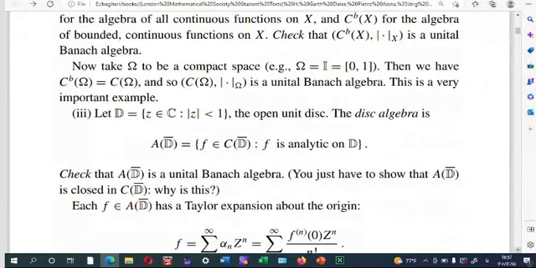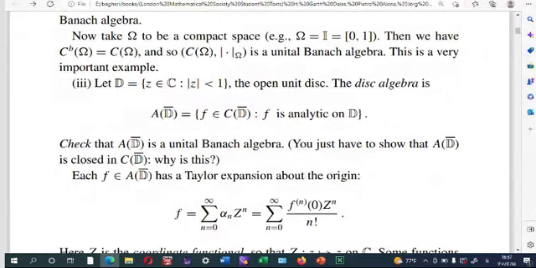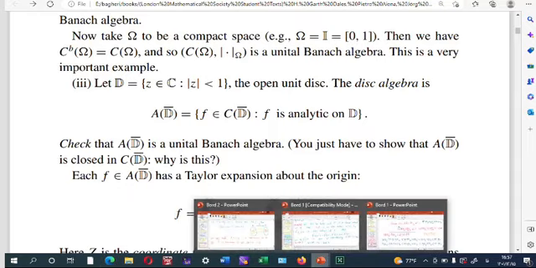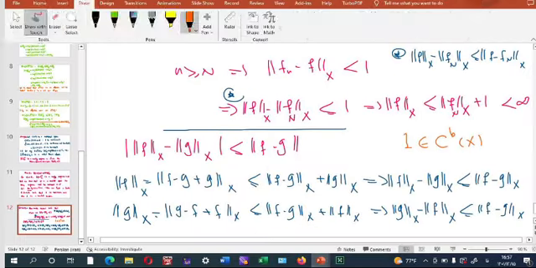And also we have this. Please note that if we consider a compact space, CB equals C, because in a compact space any continuous function is bounded. Please note that.